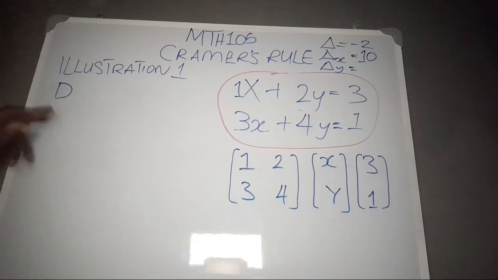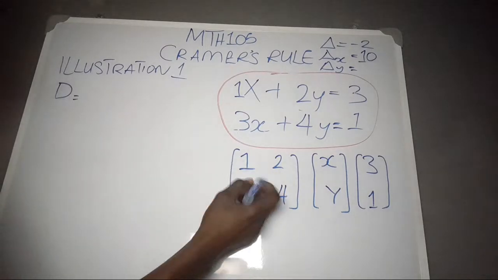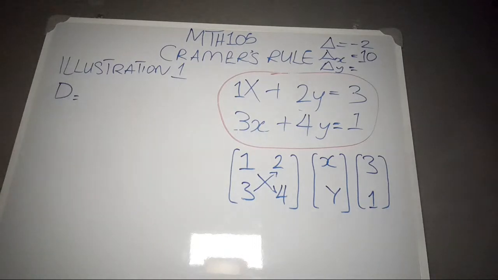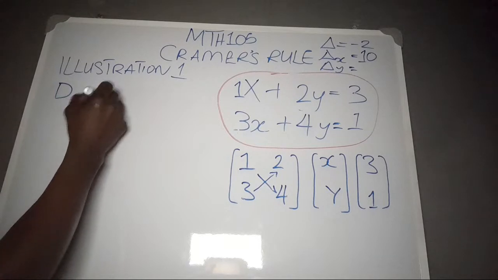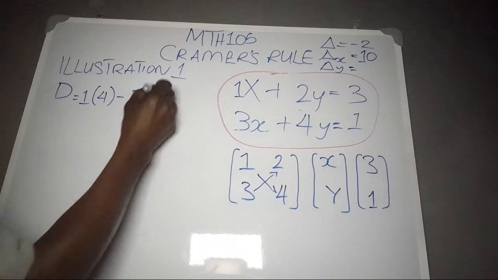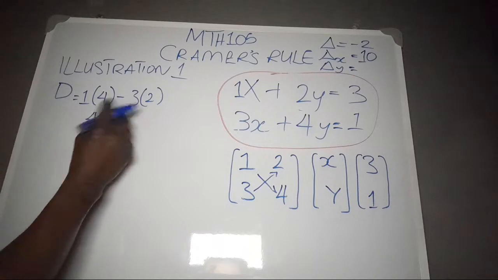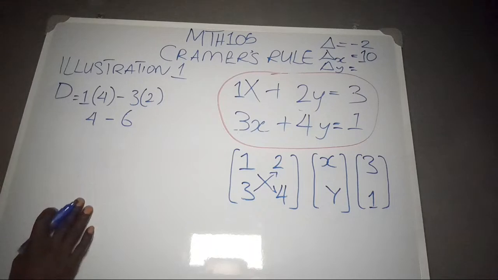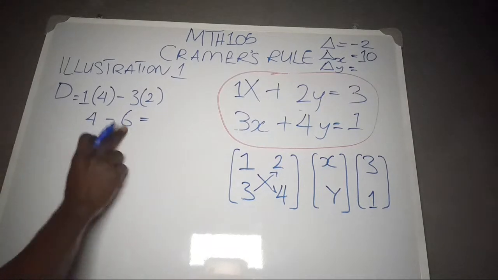If you understand that what you're looking for is the determinant, then that's all good. Then we say this multiplies this. So we have 1 into bracket 4, minus 3 into bracket 2. Now 4 minus 3 times 2 is 6, which is positive 4, negative 6.